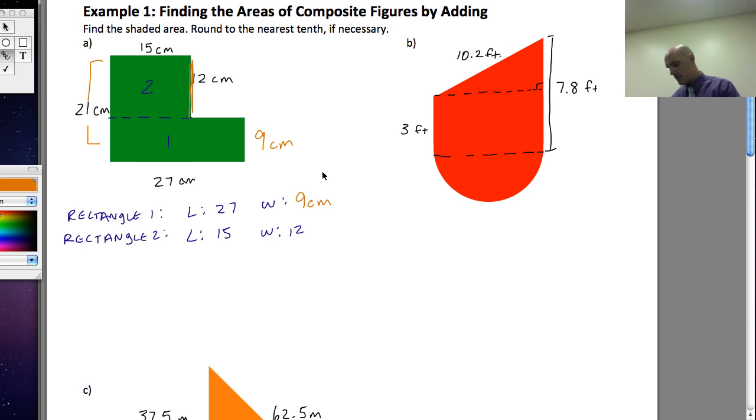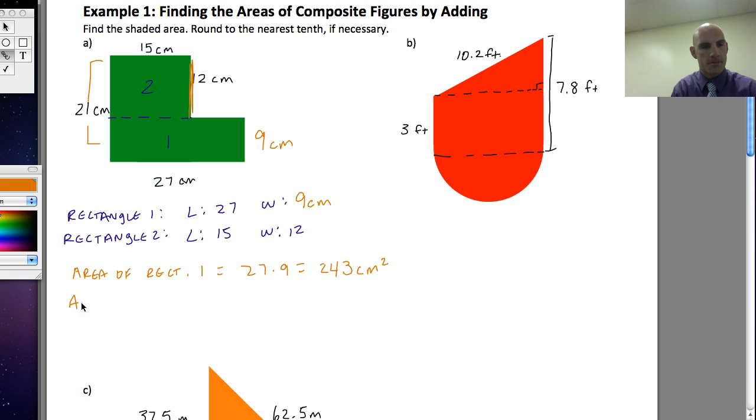If you're not great with multiplication, or don't know how to multiply numbers that big, let's find the area of rectangle 1. It equals 27 times 9, which is 243 centimeters squared. Remembering, of course, that area is always in units squared.